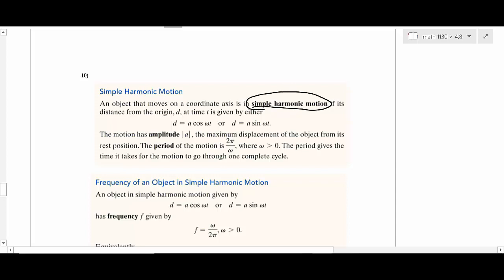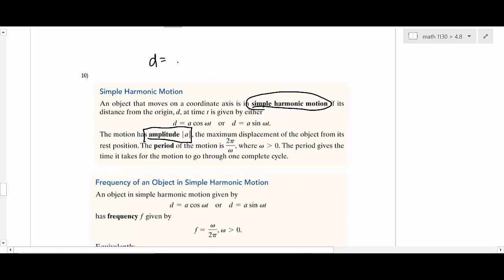An example of that might be springs, where the motion goes up and down, oscillating, going through similar points over and over again. The motion is going to have an amplitude of A. We learned this in your trig functions.